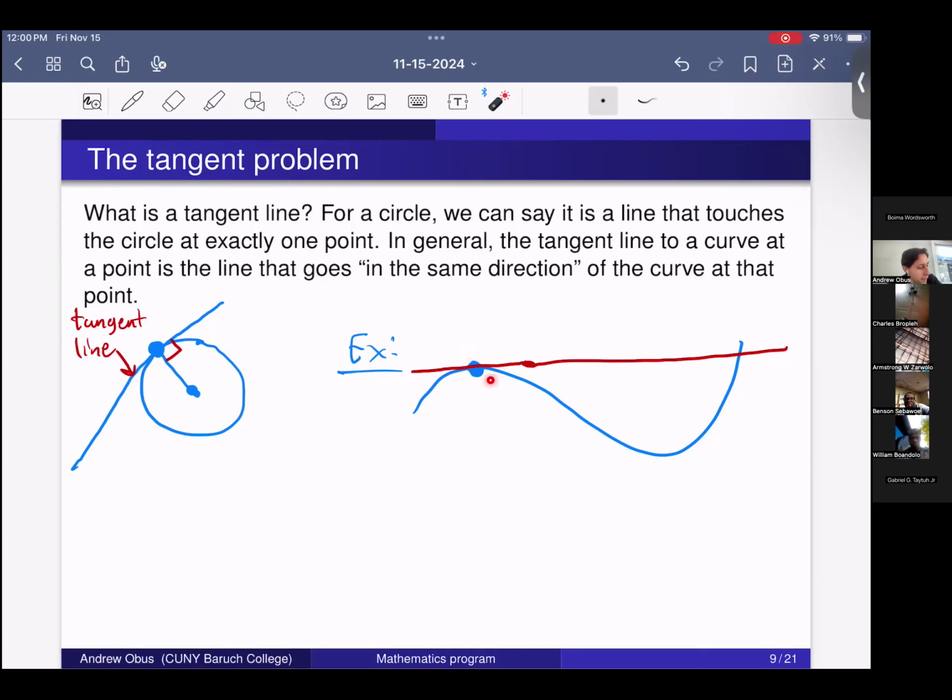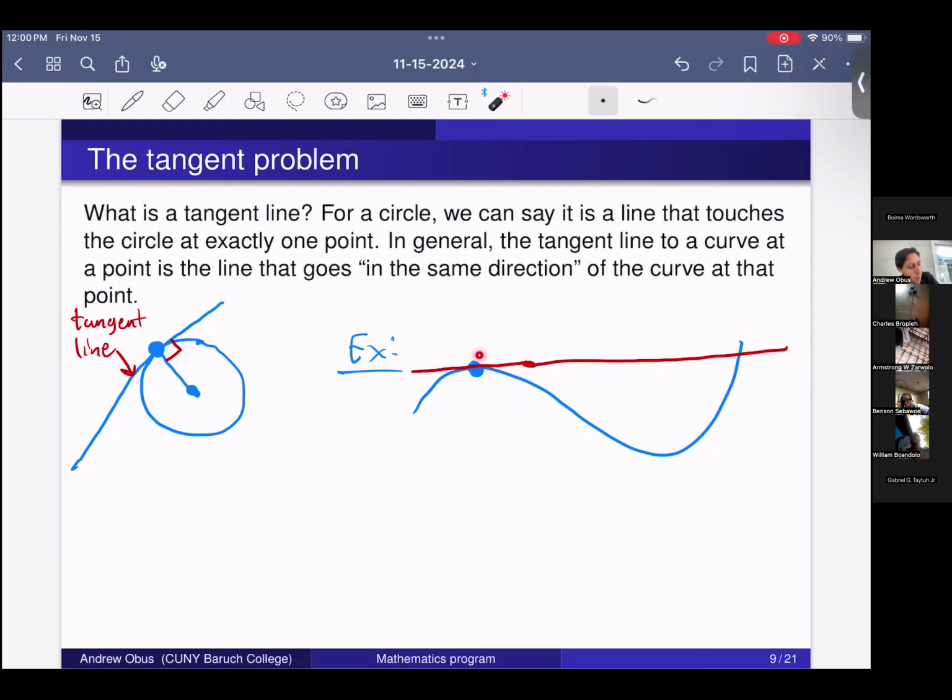Or you can think about it that if you look really closely around that point, if you zoom in, zoom in, zoom in, this curve is going to start looking like a straight line. And the tangent line is going to be the line that goes at the same slope as that straight line. You can think of it as the line that stays on the same side of the curve after it hits it at that point. The fact that it also touches the curve at some point over here just doesn't matter. Points far away have nothing to do with the tangent line.